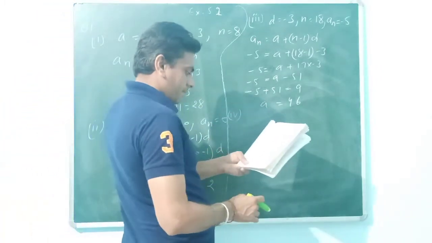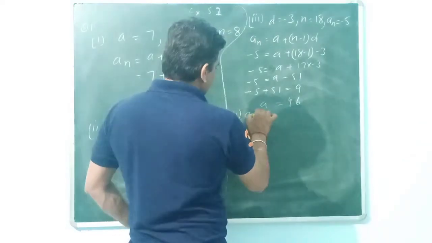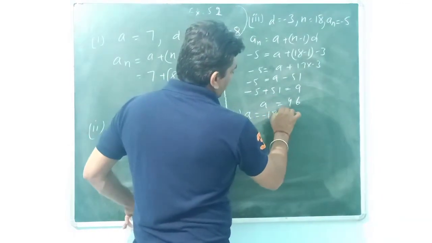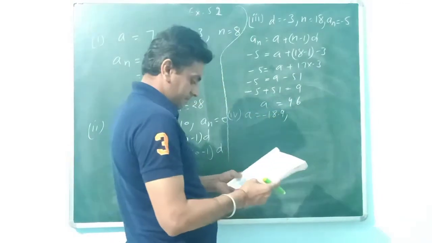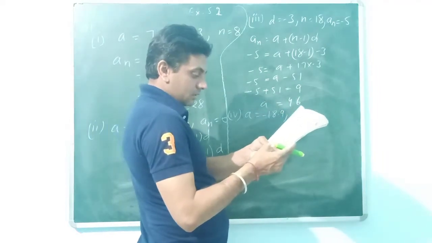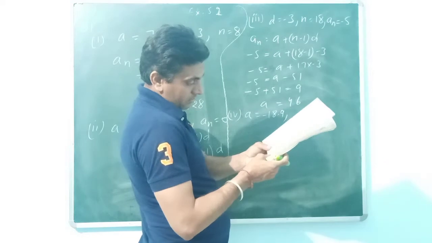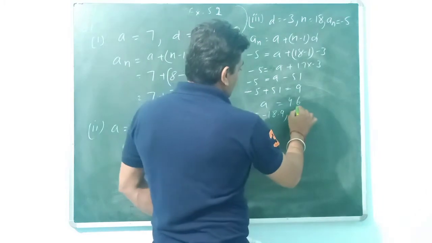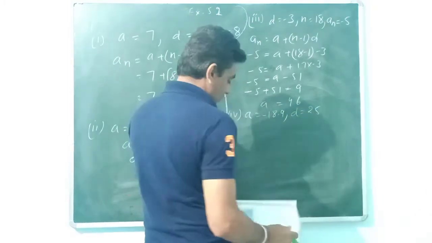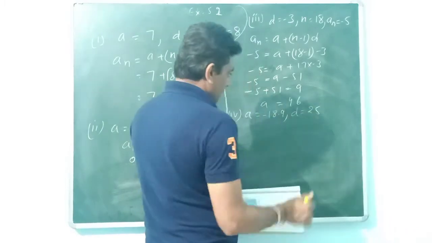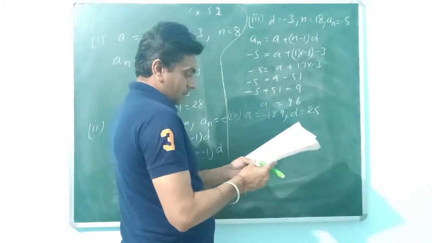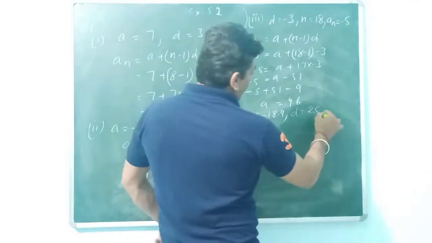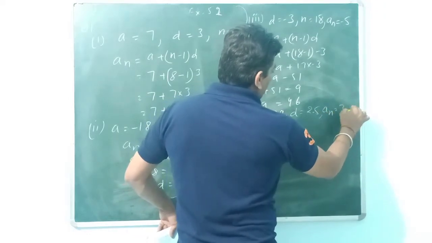Here A is minus 18.9. D is 2.5. And An is 3.6.